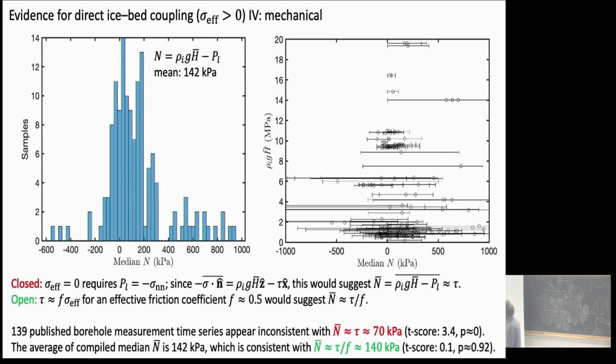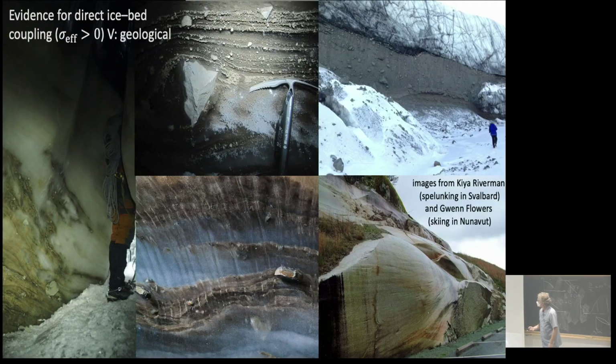So it's, again, really a shaky argument, but you could say that our average shear stress is kind of on the order of 70 kilopascals we saw earlier, and doing some statistics, you find that N bar is different from 70 kilopascals by a lot. But it's not very different from what you would expect with a friction coefficient. So, another little piece of data.